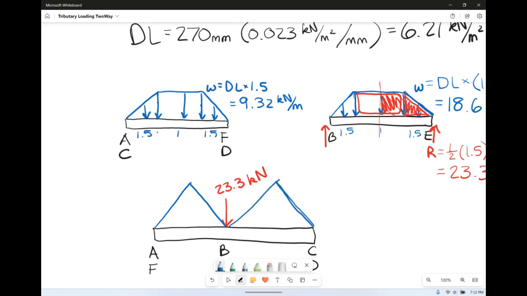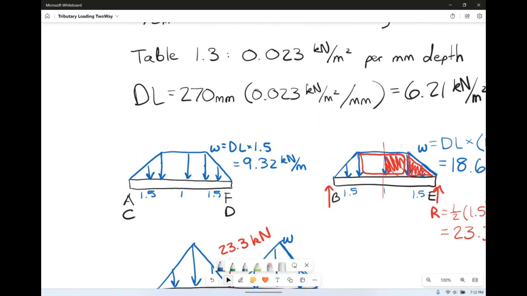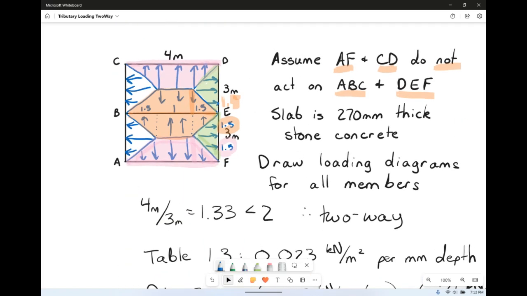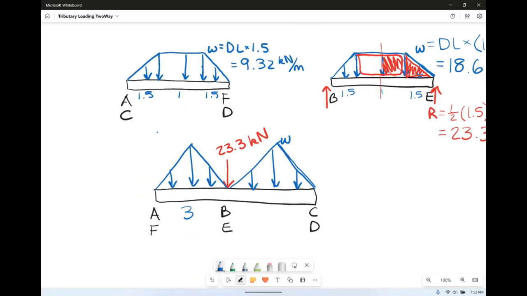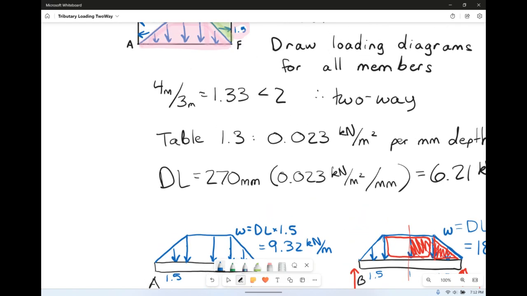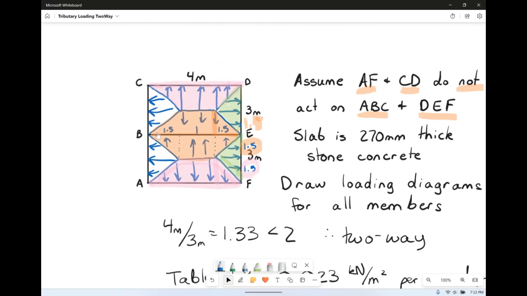Very lovely triangles I've drawn here. And we want to know what W is on these triangles. Again, remember that we have the total width here of A, B, C, and D, E, F. We know that this is 3 meters and this is 3 meters. So we're not looking at the 3 meter direction. We want to know what is the height.